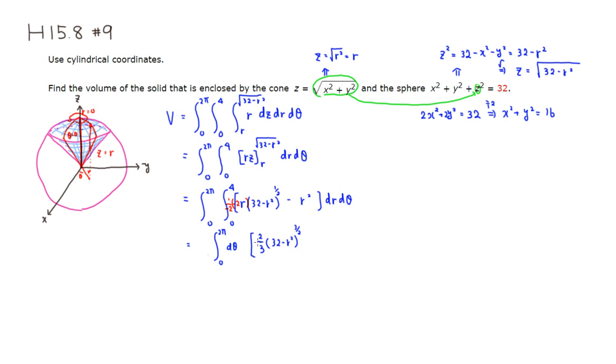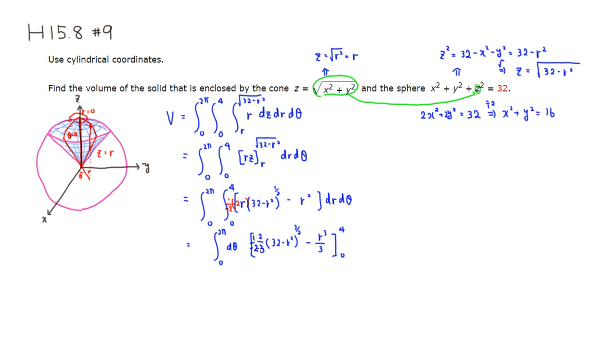So I have to put 1 over negative 2 right there. Then the antiderivative of r squared would be r cubed over 3. Then we are going from 0 to 4. So we have to clean up a little bit here.